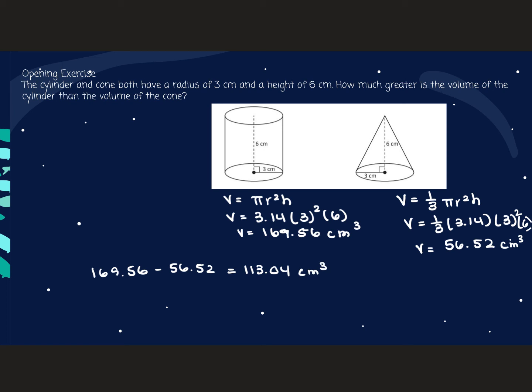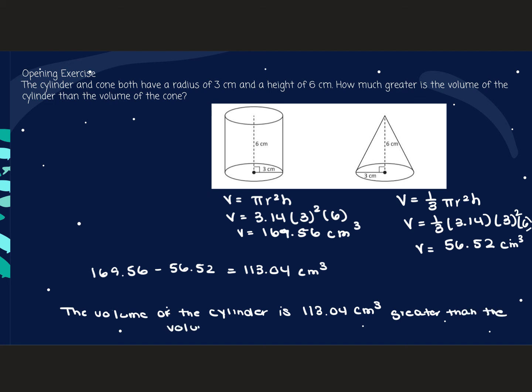So we can write this: the volume of the cylinder is 113.04 centimeters cubed greater than the volume of the cone.